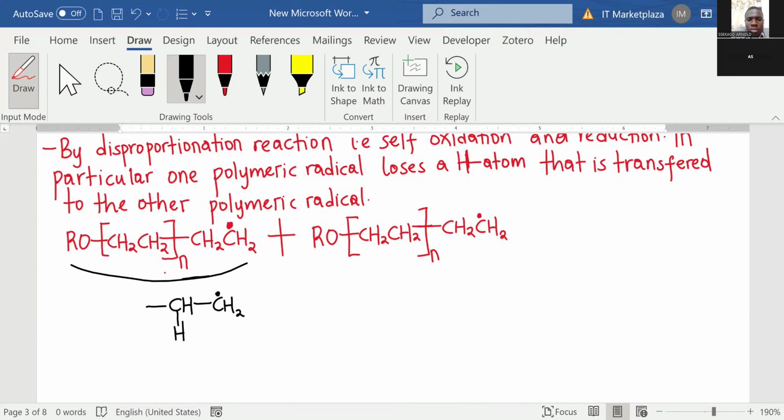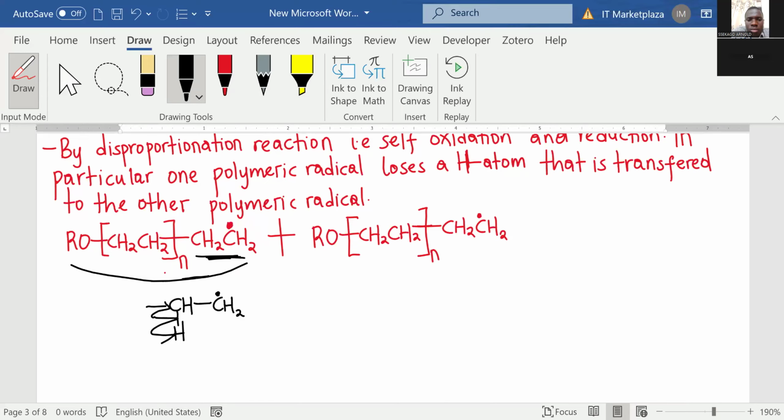That's how it looks. I'm just exposing it because I want to show how hydrogen is lost. Hydrogen takes the electron it contributed, also that carbon takes the electron it contributed, like that.